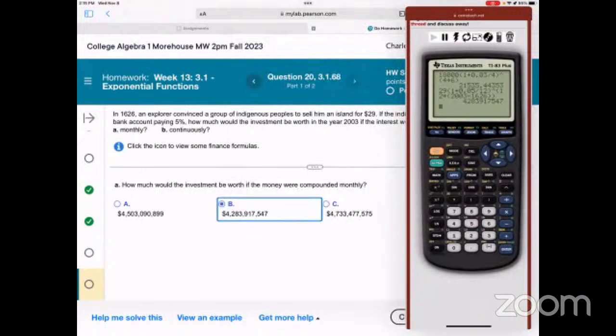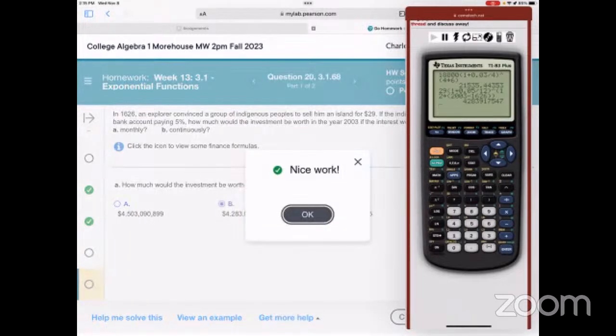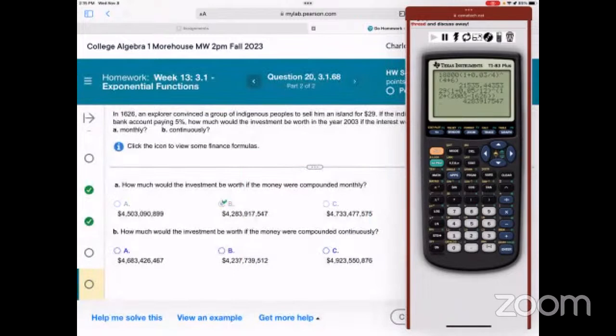All I did was plug this into the compound interest formula with the given conditions. And then for part B, because it's continuous compound interest, that means we use PERT, A equals P e to the rt. So our principal is 29.